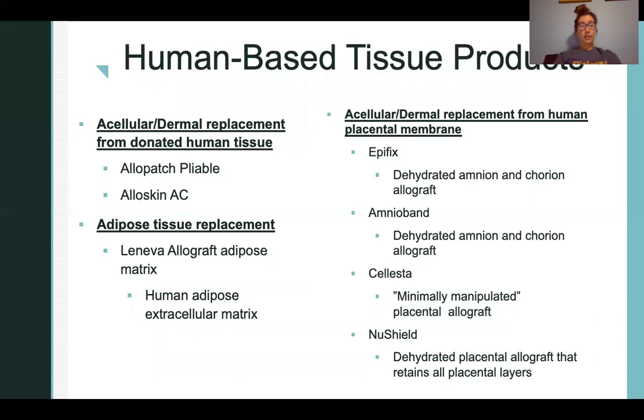And then under the acellular dermal replacement from human placental membrane, we have the EpiFix, which is dehydrated amnion and chorion allografts. AmnioBand is dehydrated amnion and chorion allografts. Celesta would be made of the minimally manipulated placental allograft, and then NuShield is dehydrated placental allograft that retains all placental layers.